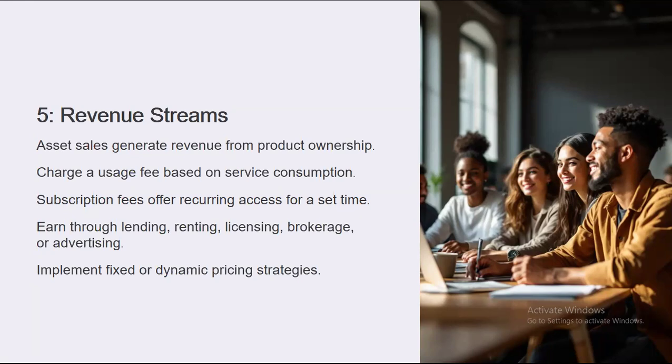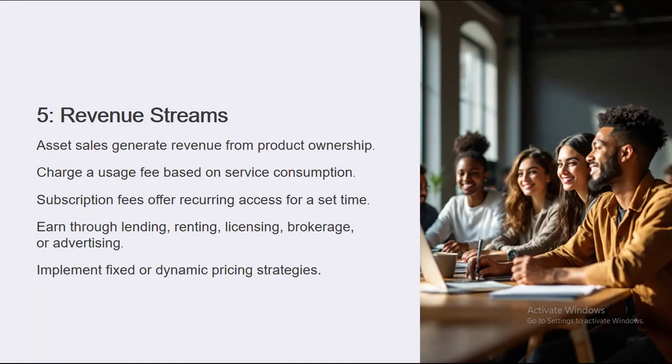Then the fifth element, you have your revenue streams. So here you look at your asset sales, right? How do you intend to generate revenue from product ownership? Okay? How do you intend to charge your customers?